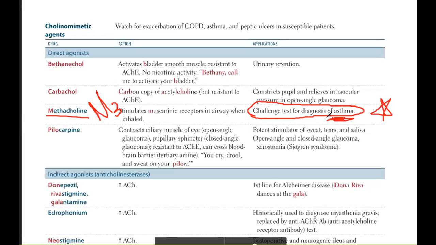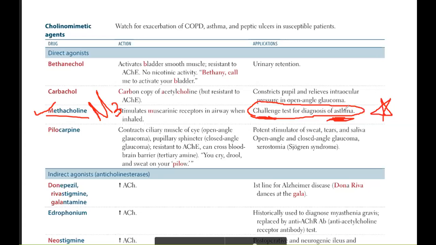In asthma, the airways are already constricted. So in a normal patient, when you give methacholine, it does not constrict to a life threatening effect. But when you give this drug to an asthma patient who has already obstructed bronchioles, then it will cause serious problems in inhalation, and then you'll find that this patient really has asthma.